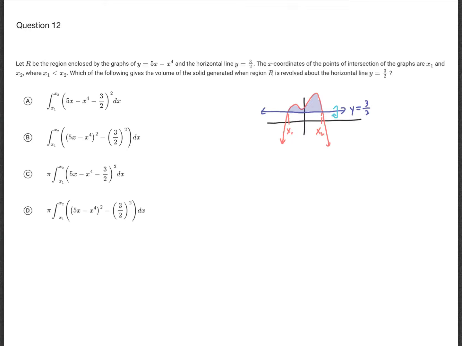First thing, it's being revolved around a horizontal line, y equals 3/2, which is parallel to the x-axis. So everything's going to be in terms of x. So that means our limits are going to be x1 and x2. We're doing volumes of revolution, so it's going to be pi times r squared dx.